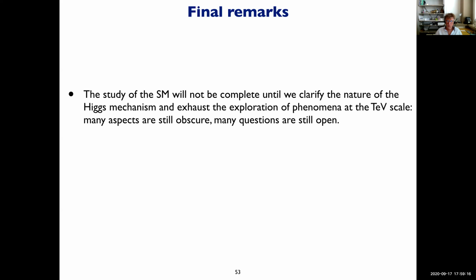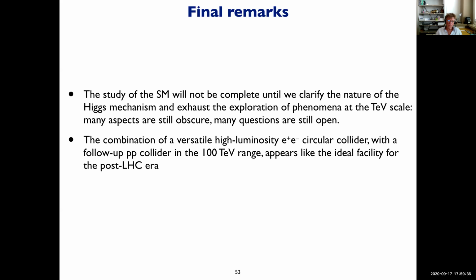Many questions are still open, and more in general, the very question of where the Higgs comes from, independently of the problem of naturalness and the hierarchy problem, but understanding where that potential comes from, why is mu squared negative, is a fundamental question that we have to answer.